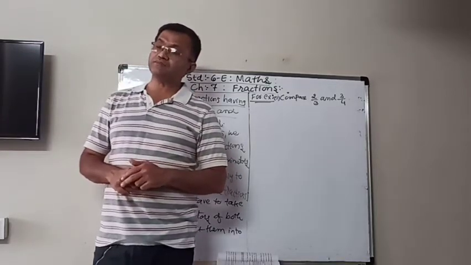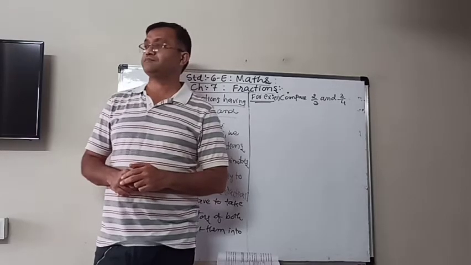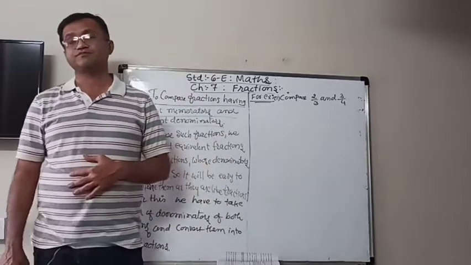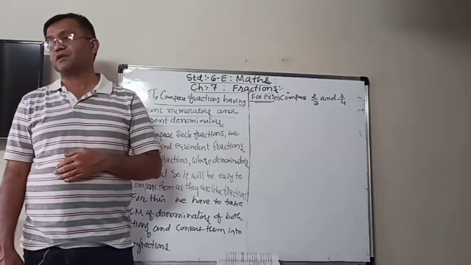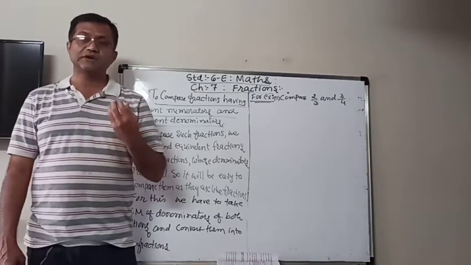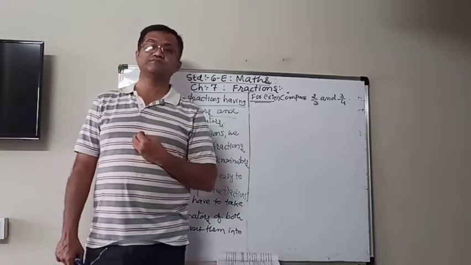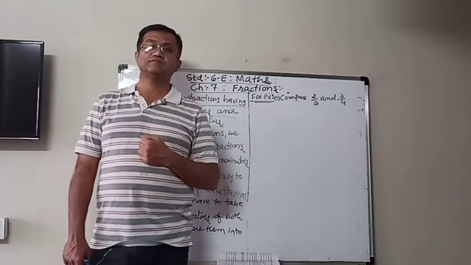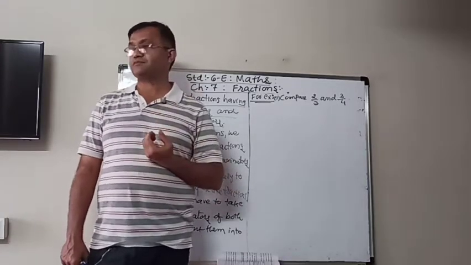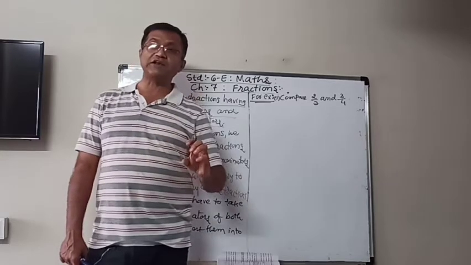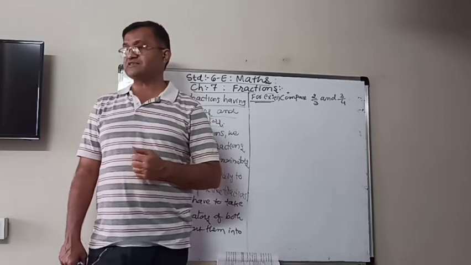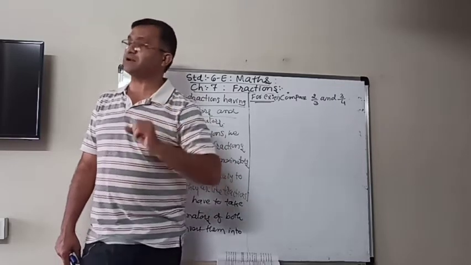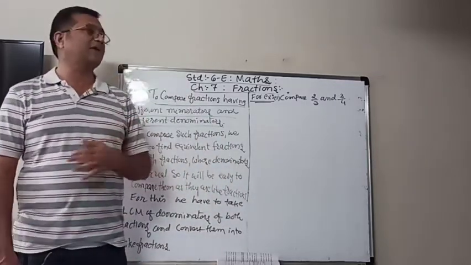Also we learned to compare unlike fractions with the same numerators. We saw that if the numerators are the same, then the fraction having the smaller denominator is greater, and thus it is also a little easier to compare them.